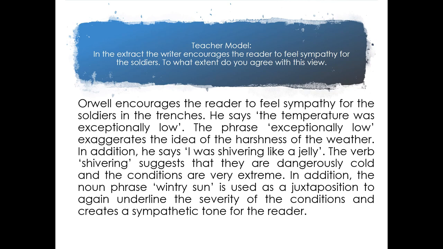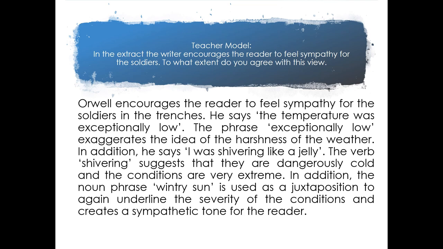So it's just the opening paragraph, and let's have a look. Orwell encourages the reader to feel sympathy for the soldiers in the trenches. He says the temperature was exceptionally low. The phrase exceptionally low exaggerates the idea of the harshness of the weather. So I've given a clear point that the writer is creating sympathy for the soldiers.